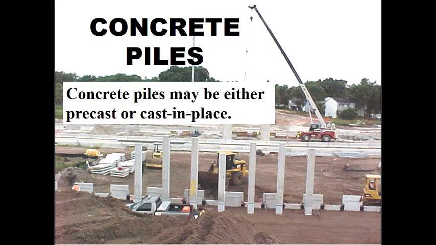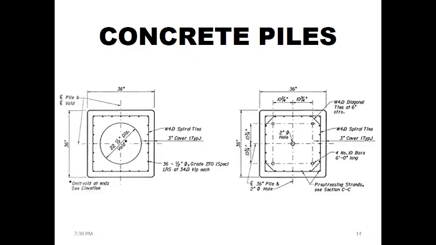Concrete piles. In this picture, you can see the piles that are already driven into the soil, and they also support the structure around them. And from a structural perspective, these are pretty similar to columns, but with a little bit of difference. They can come in different setups for the steel.